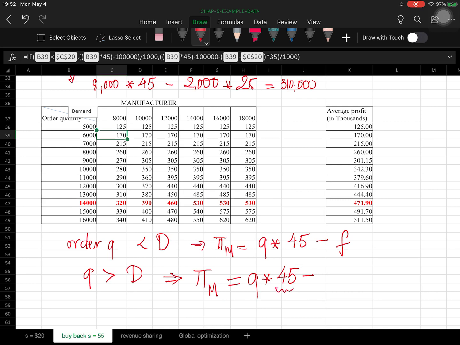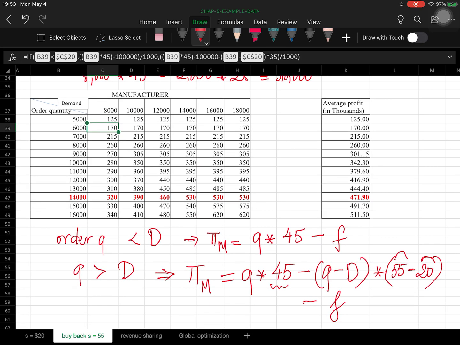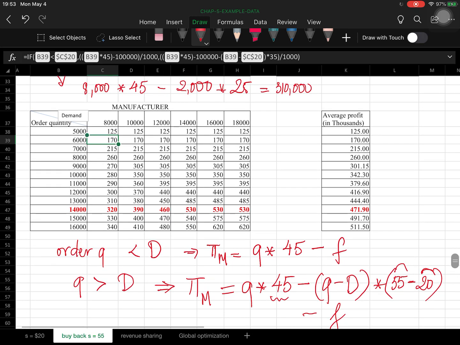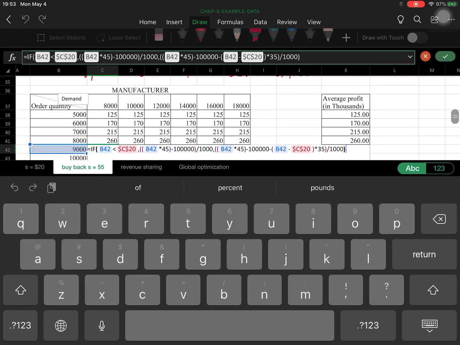The loss is equal to Q minus D multiplied by the loss, that is they sell at 55 but they only can sell at 20, the real salvage. This is the buyback price, and minus the fixed cost. So we have this function, and in Excel we combine it in if. So let me show you this function.